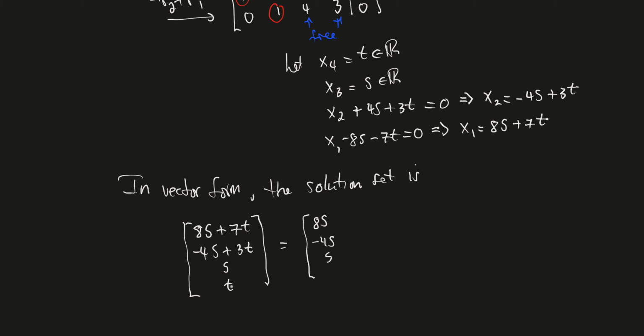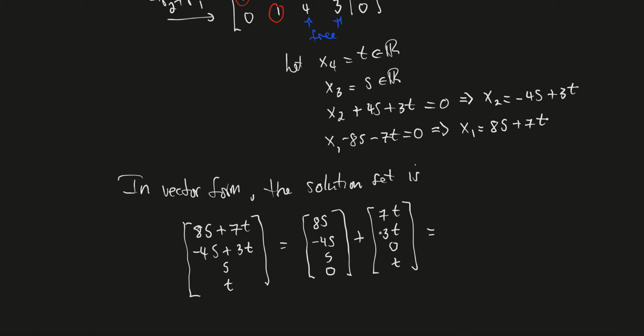There is no s in this fourth component, so I'm just going to write it as 0. And then plus, let's now collect all the t's. So we have 7t in the first component, 3t in the second. There is no t in the third, so 0. And then we have a 1t there, right?